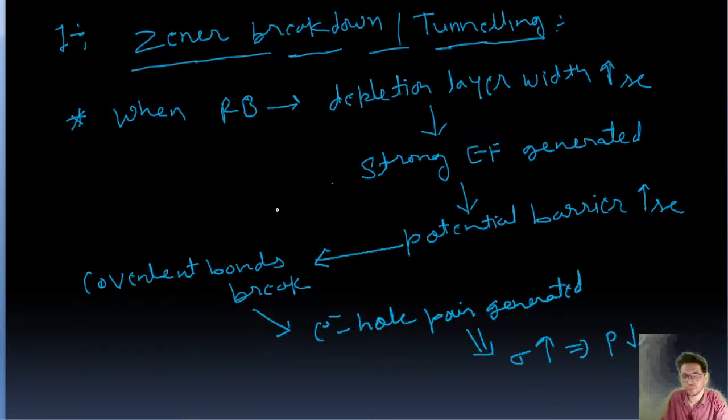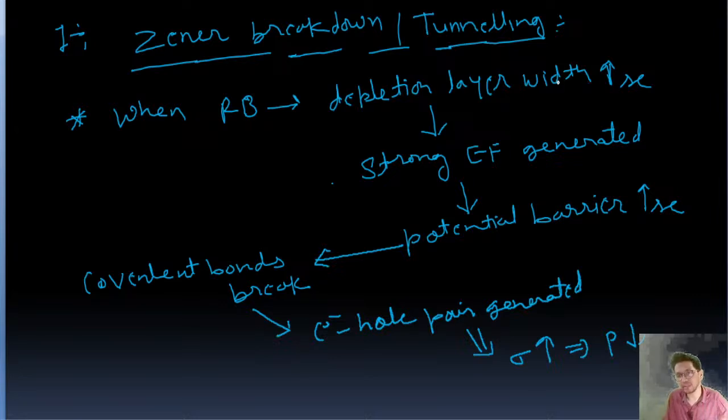Very simple. In Zener breakdown or tunneling, the diode is in reverse bias, and because of that the depletion layer width is going to increase, which means a strong electric field is generated. That's why the width is increased, right? Width increased means the potential barrier gets increased because of the strong electric field, and then the covalent bonds start breaking, and the electron hole pairs get generated.